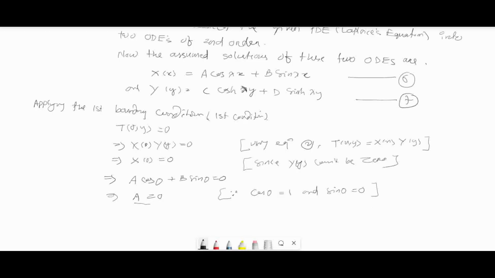Now substitute this value a is equal to 0 in X. What you will get? X of x is equal to b sin lambda x.